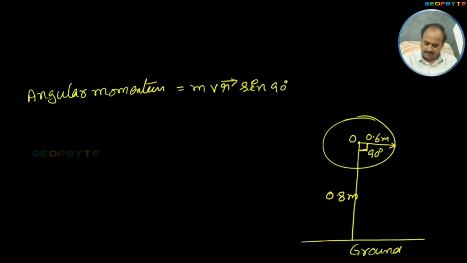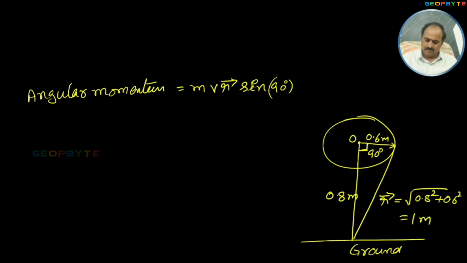Sine 90 degrees. Here look at the r bar. This is the r bar. This r bar is equal to root over 0.8 square plus 0.6 square. It gives 1 meter.